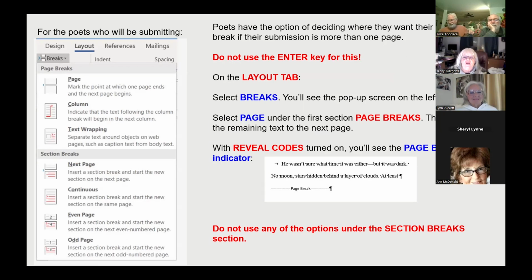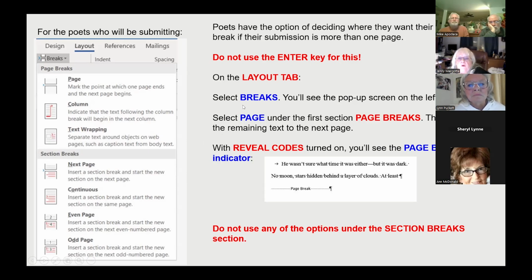In order to do that, do not just hit your enter key until you get to where you want to go. When you get to the bottom, whatever you want the last line to be on, let's say the first page of your poem, and you want to make sure that the rest of it breaks to the next page, put your cursor at the end of that last line of text, go to your layout tab and hit the little icon that shows breaks.